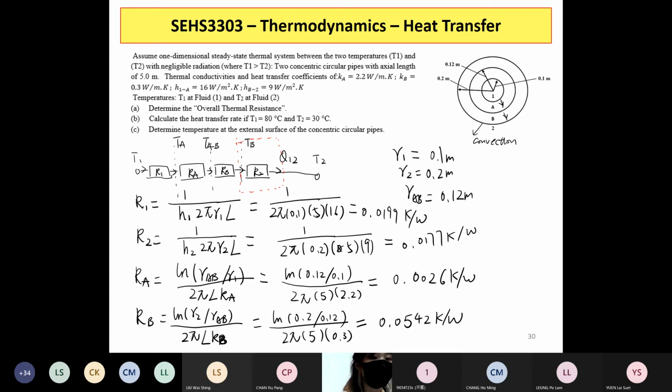Because we have the one-dimensional steady state assumption, the heat transfer rate is constant through the whole system. Again, knowing the heat transfer rate, you can obtain the temperature at each surface, the inner surface, the middle surface, or the outer surface. At this point, you should be able to solve this problem.